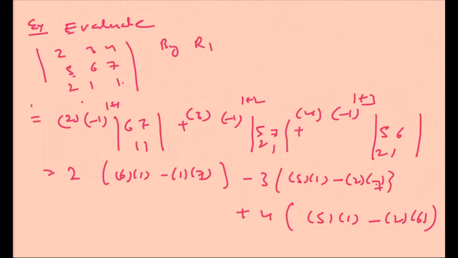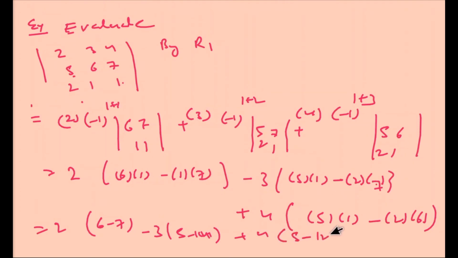Okay students, so now solving this we calculate: 2 into 6 minus 7, minus 3 into 5 minus 14, plus 4 into 5 minus 12.